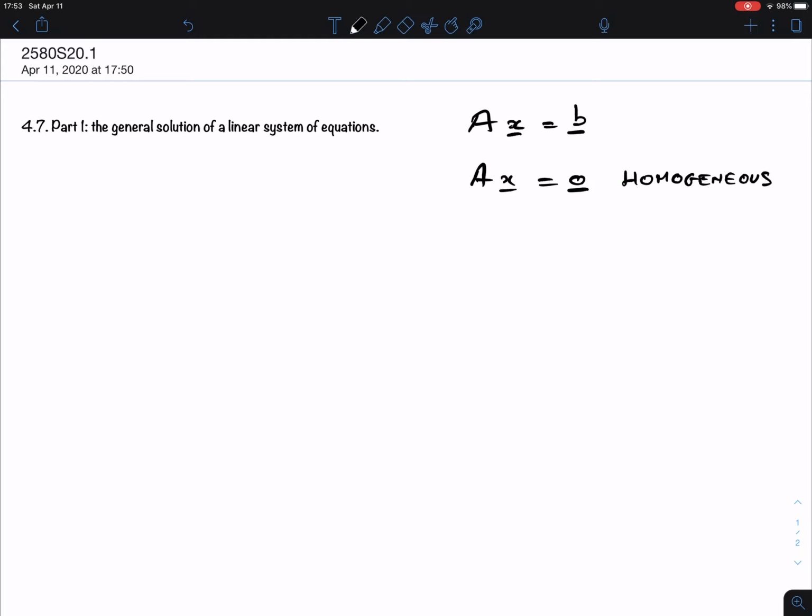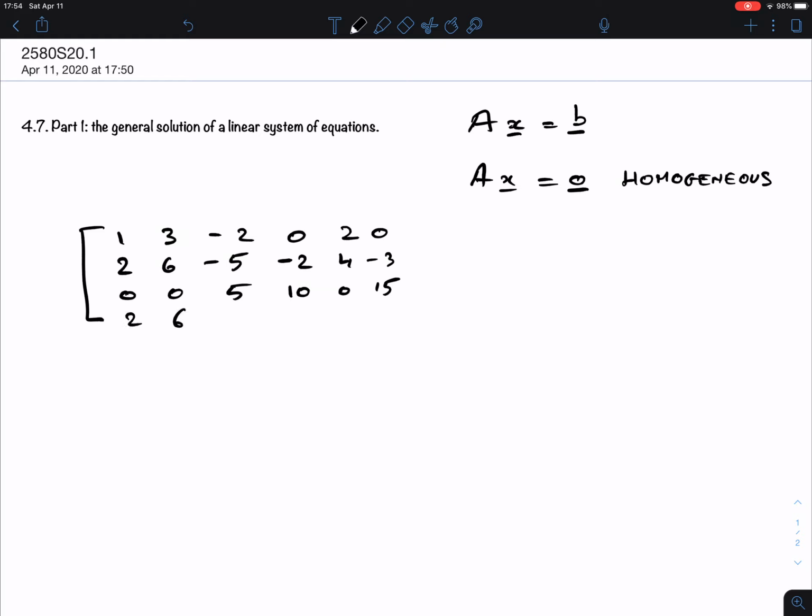So the system of equations I want to look at, I'm going to write the matrix already. Our matrix is 1, 3, -2, 0, 2, 0, then 0, 0, 5, 10, 0, 15, and 2, 6, 0, 8, 4, 8.